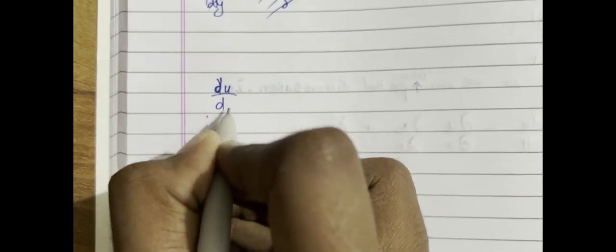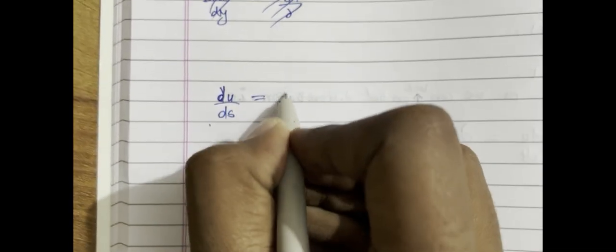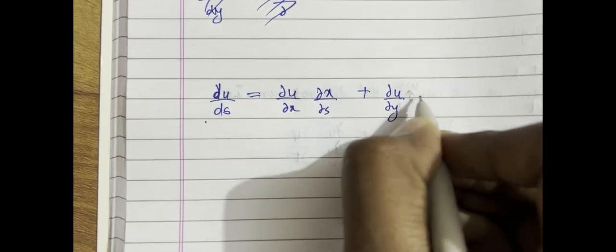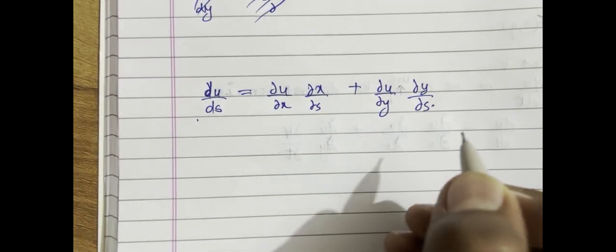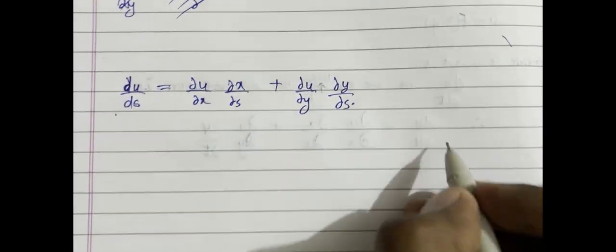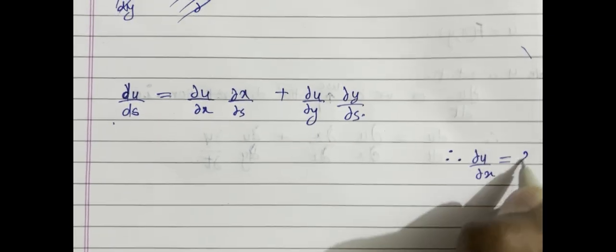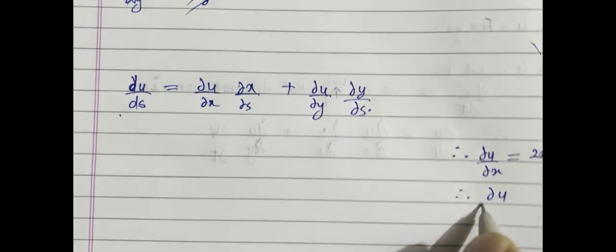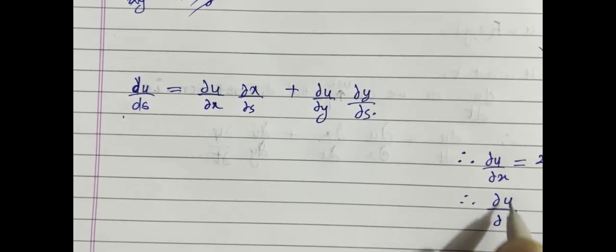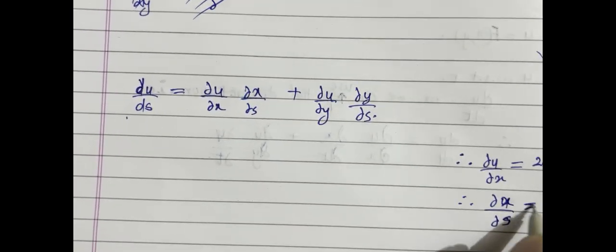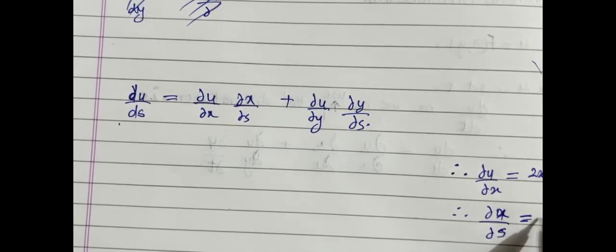Find out dou u by dou r. Now we will find out dou u by dou s. That will be dou u by dou x into dou x by dou s plus dou u by dou y into dou y by dou s. We will find dou u by dou x, that is 2x, and dou x by dou s will be equal to minus 3.